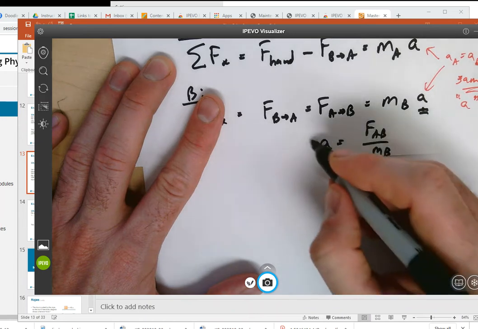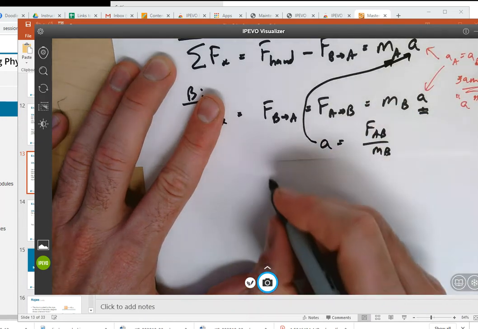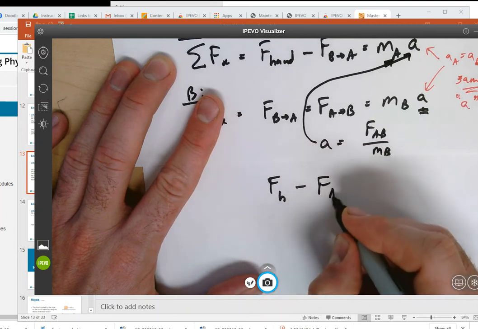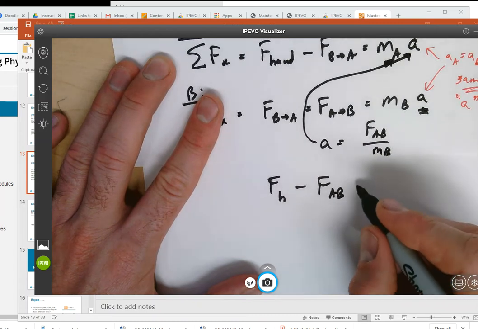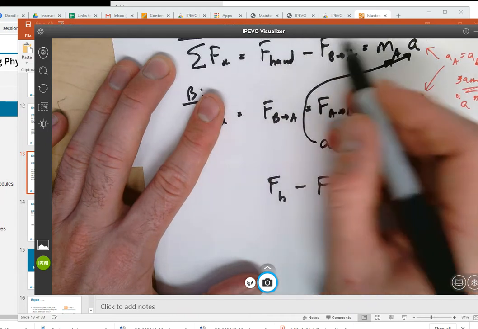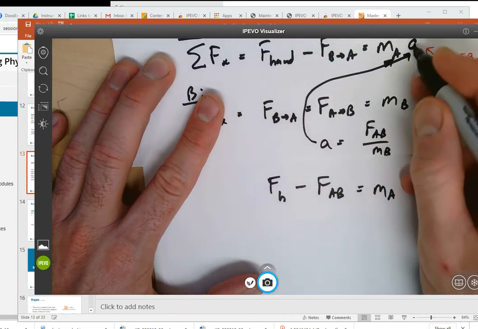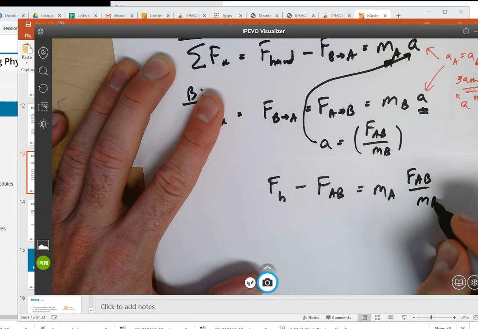And then I'm going to plug this in for the acceleration here. So I'll have F_hand minus F_AB. Keep in mind that F_AB and F_BA are the same magnitude, and I've taken care to include the signs by either writing a plus or minus in the equation. This is equal to M_A times a, which is now F_AB divided by M_B.